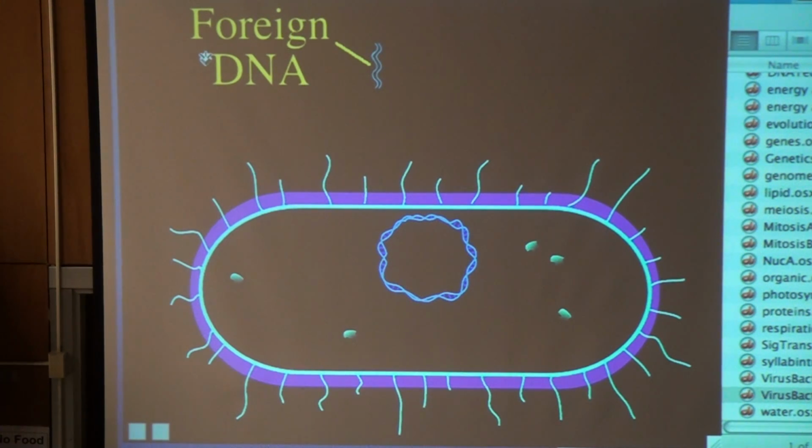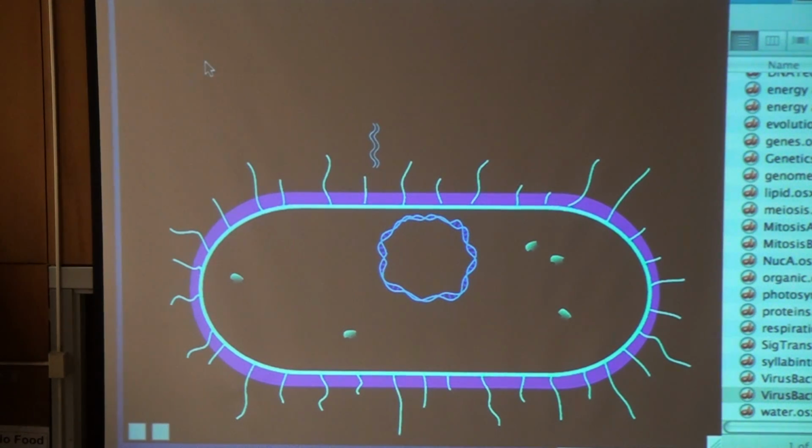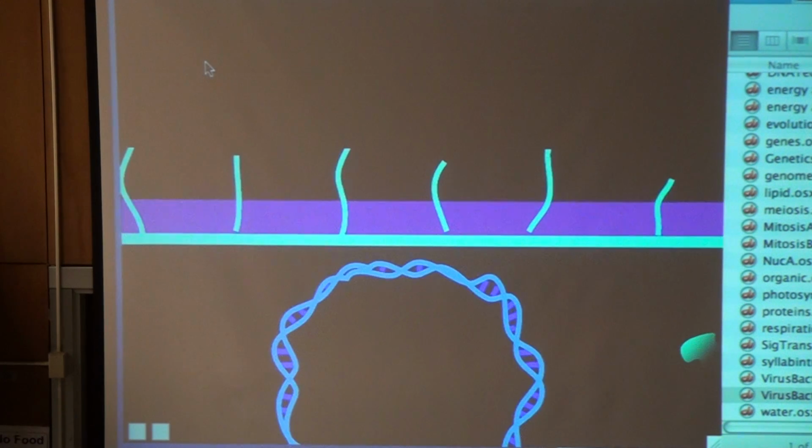Think about the bacterial membrane for a second. One of the things I've been telling you about membranes is that they function as barriers to keep the stuff outside a cell outside. And so you may wonder, well, how does that piece of naked foreign DNA get inside the bacteria? Well, it sounds kind of interesting, but bacteria actually have transport proteins on their cell membranes that can allow pieces of foreign DNA to come inside.